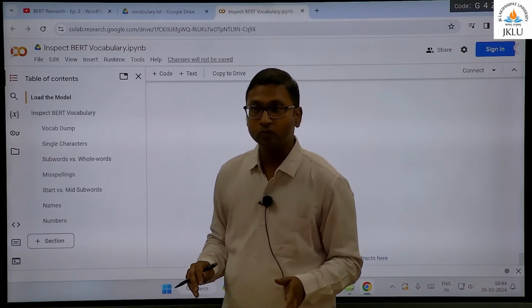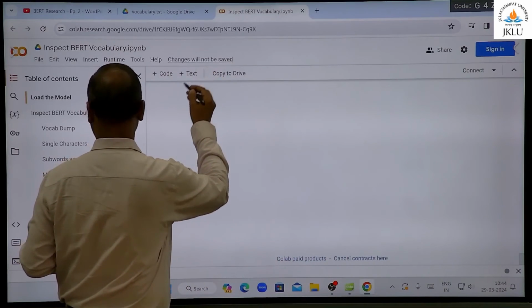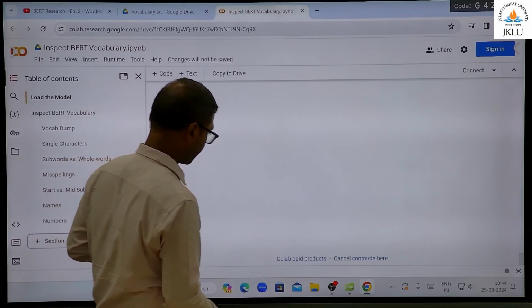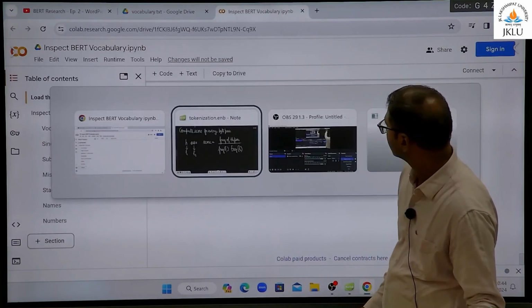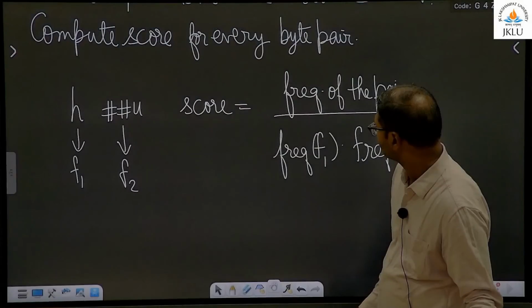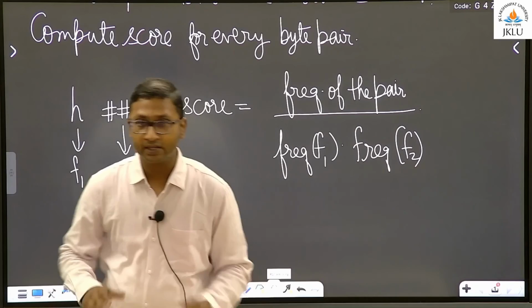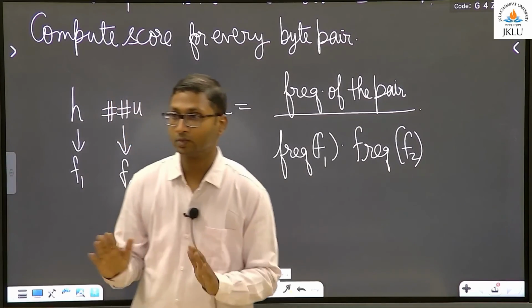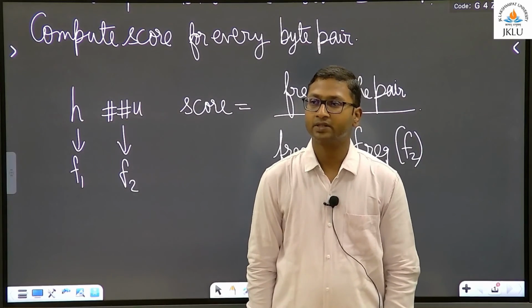So now you know BERT vocabulary. So BERT vocabulary is huge, okay, and I think pretty much that is it for today's class.